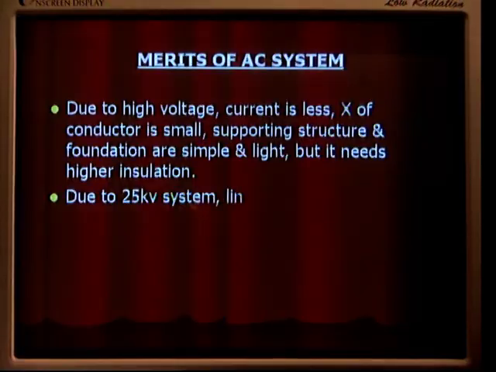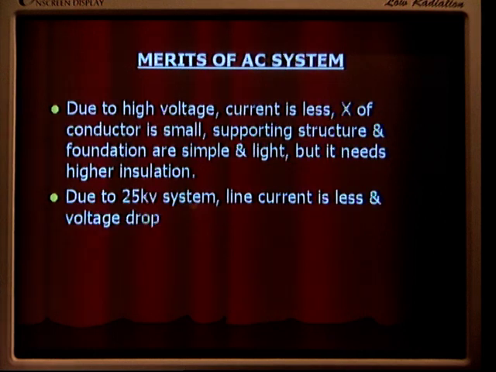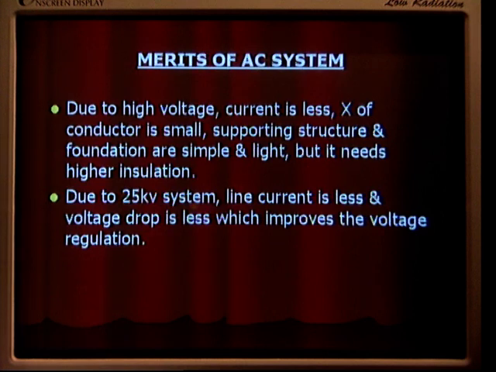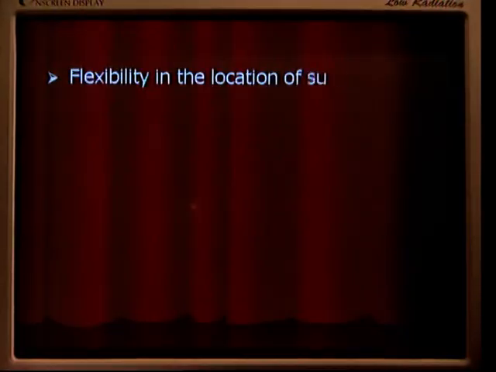And the second one: due to the 25 kV system, line current is less and voltage drop is less, which improves the regulation. Already we have seen this one. And flexibility in the location of substation, because due to the high voltage we can erect substations at 50 to 80 kilometers, anywhere in this range.